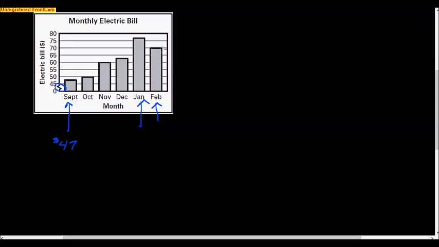And February over here is really only $70, okay? And if you look at the bars, that looks about 3 times as big as that one over here. But really, if you look at the numbers, it's only about 1.5, not even 1.5 times more. Okay, so I guess this whole example really is trying to show you that the way you display the data can be misleading sometimes.